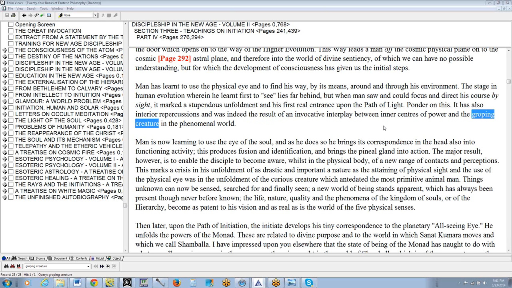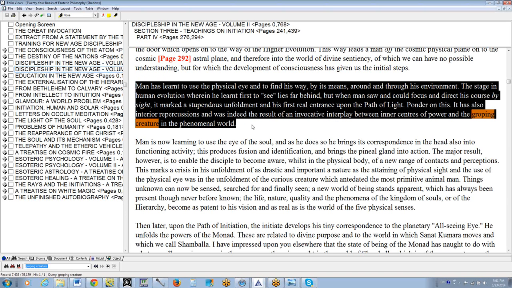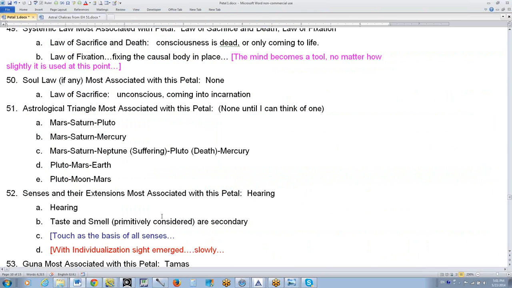It also has interior repercussions. See, all of this is about the eye, and was indeed the result of an evocative interplay between inner centers of power and the groping creature in the phenomenal world. So man was once a groping creature. Was it pre-individualization or was it post-individualization?